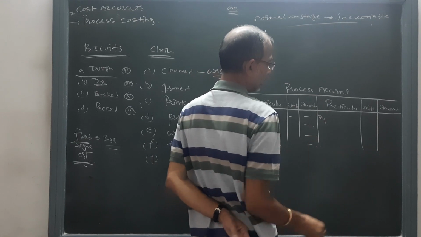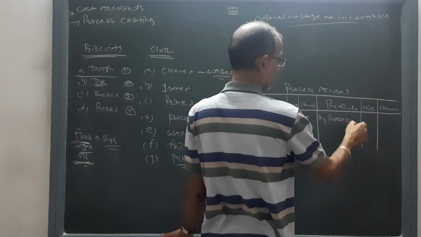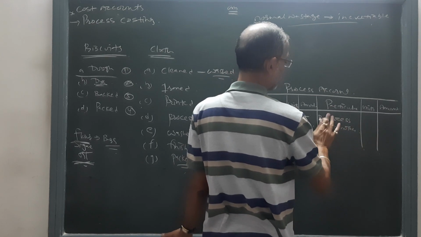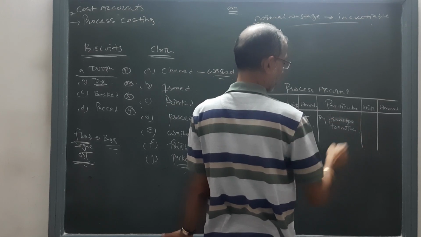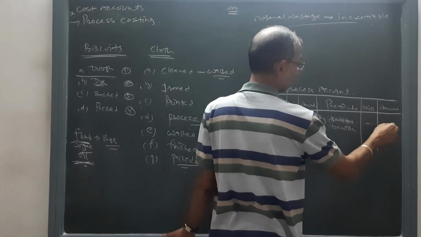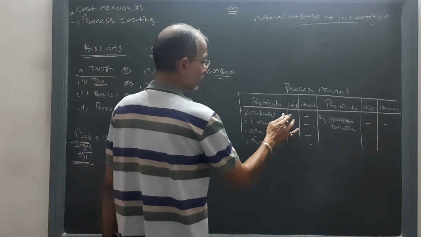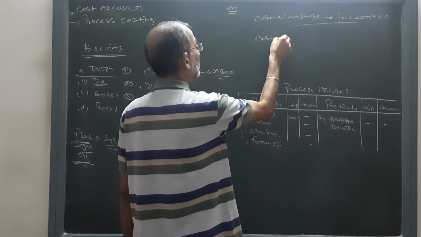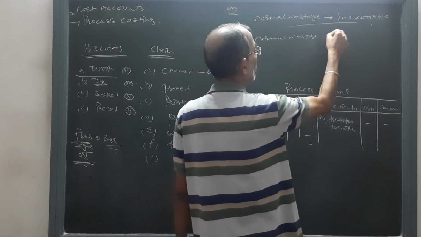On the credit side, first we will write process transfer to, sorry, another process. How many units are being transferred? Suppose 1000 units are introduced and normal wastage is 5%.